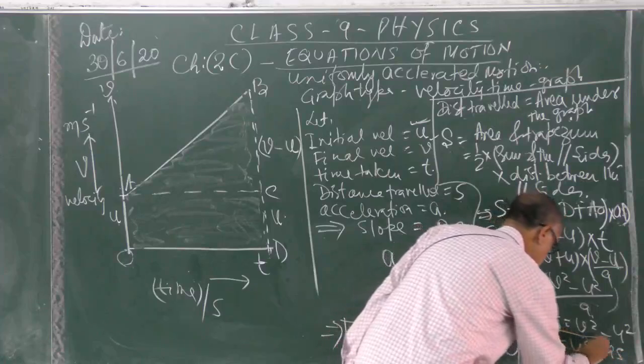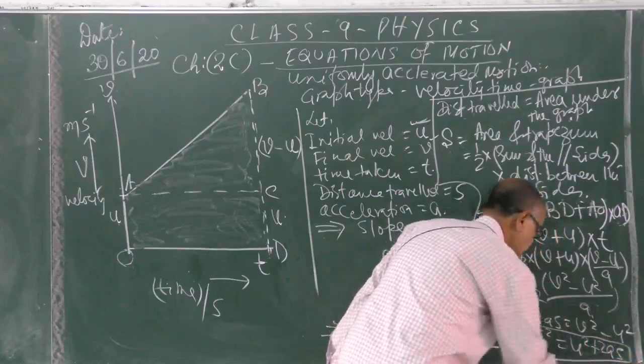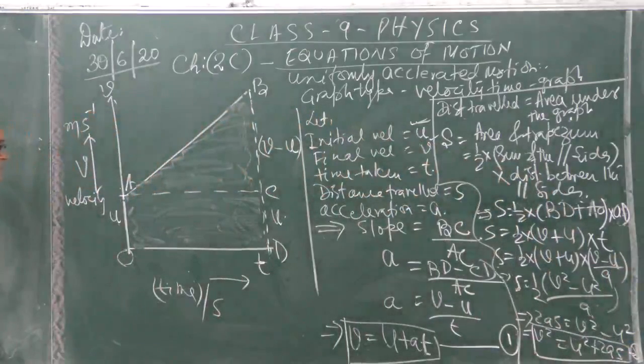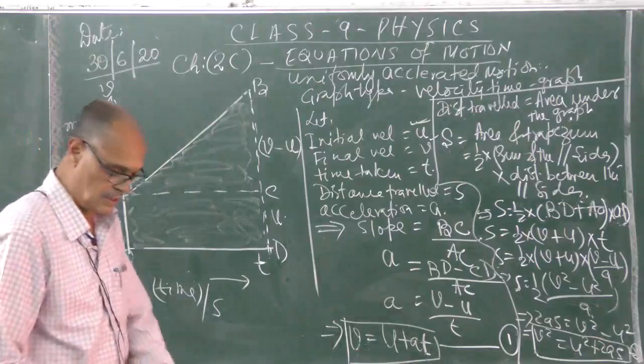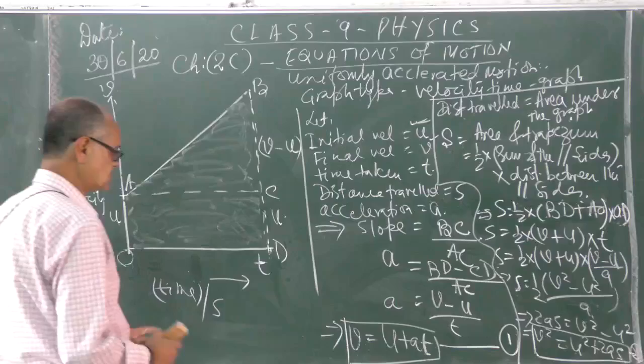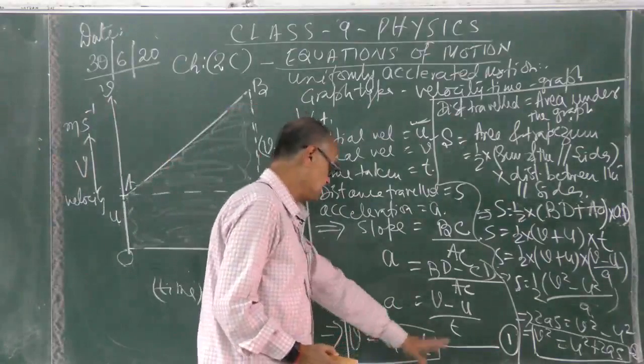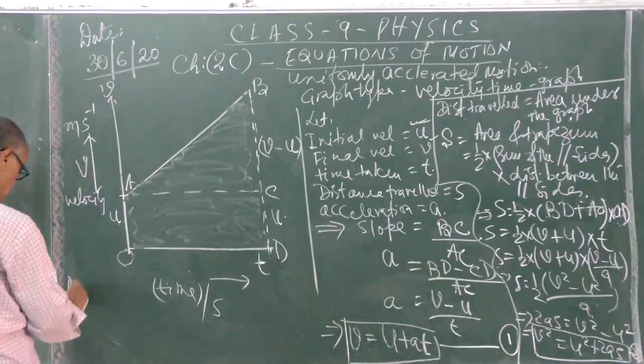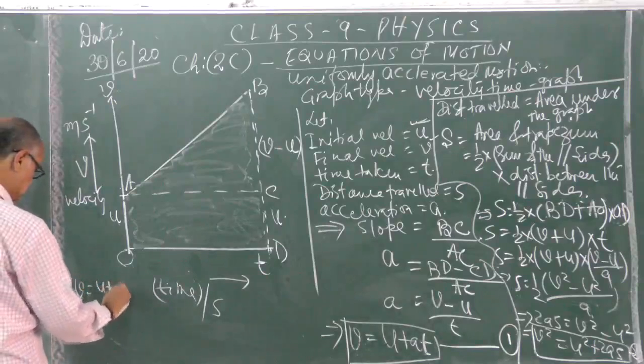It is the second equation called the equation of motion. The first equation, V is equal to U plus AT.